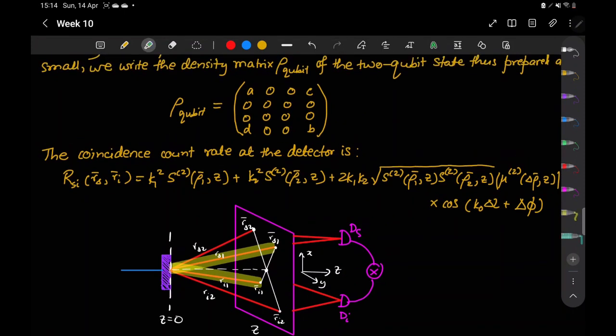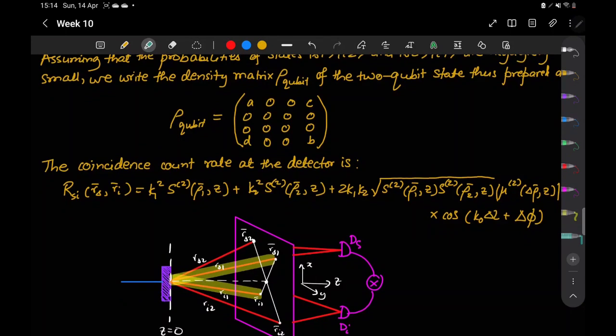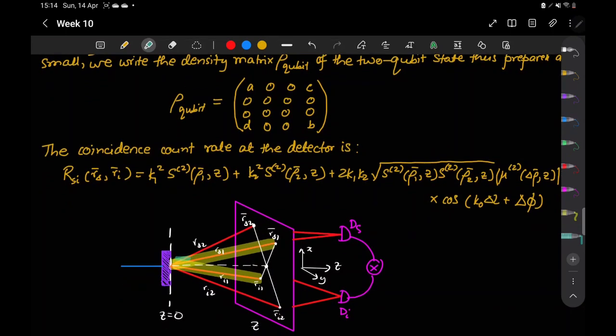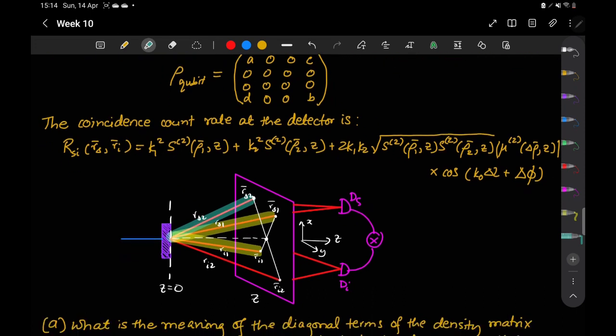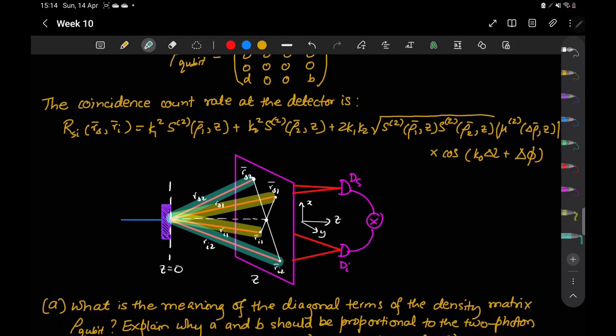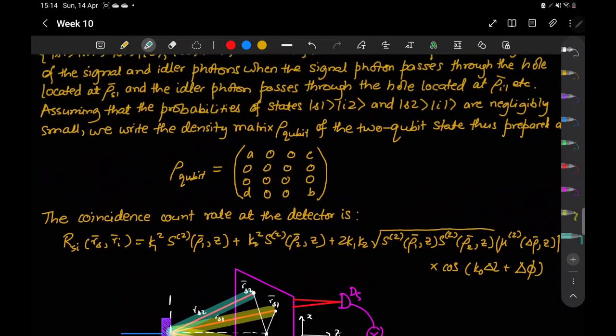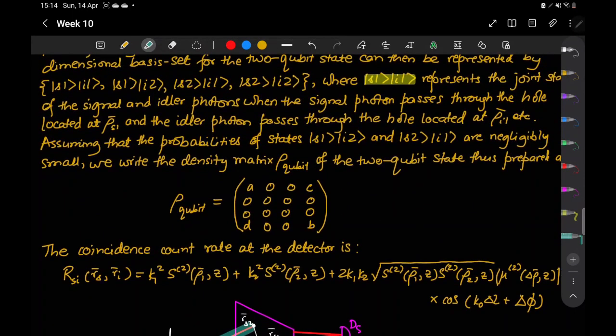Then the other possible alternative is if the signal goes through the hole at RS2, then the idler goes through the hole at RI2. And the cross-type term, that if the signal goes through RS1 then the idler goes through RI2, is not considered.